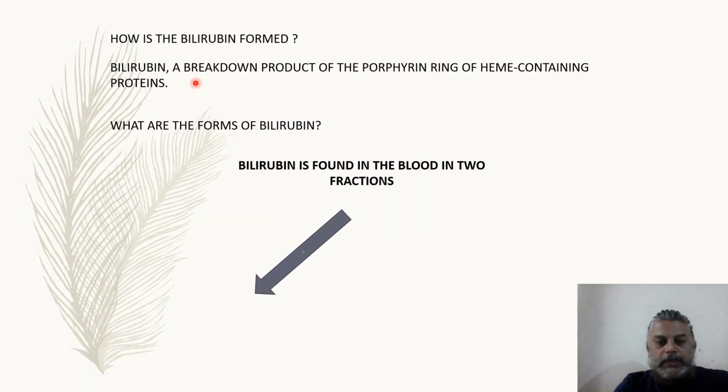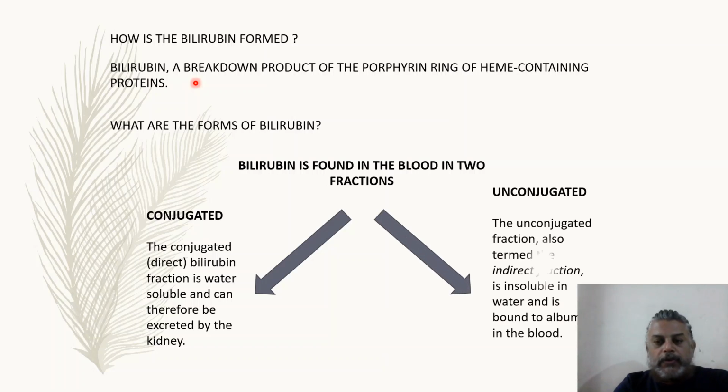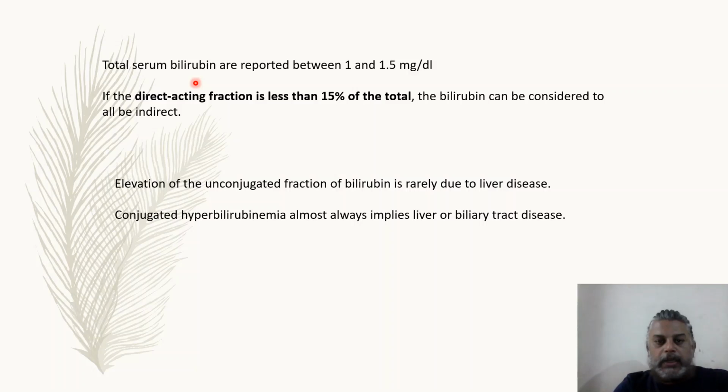One is conjugated, that is water soluble and can be excreted in the kidney, and the second is unconjugated, which is the indirect fraction, which is insoluble in water and is bound to albumin in the blood. Normal bilirubin is 1 to 1.5 milligram percent, and out of this the direct is less than 15% of total bilirubin.